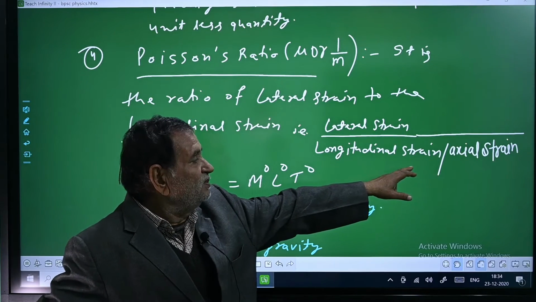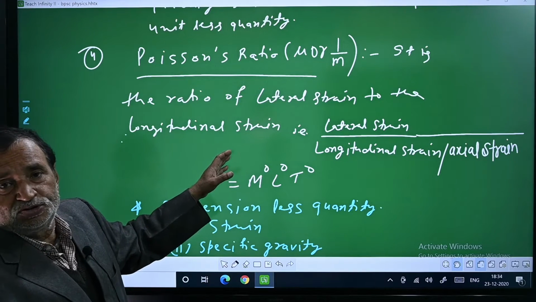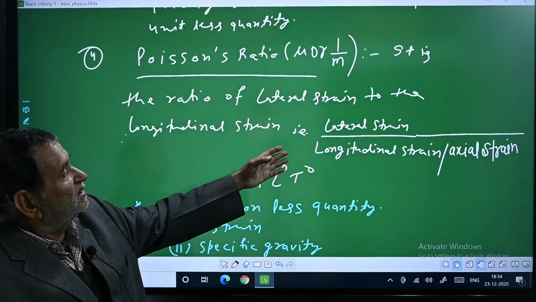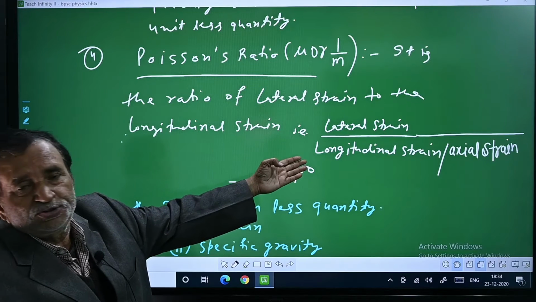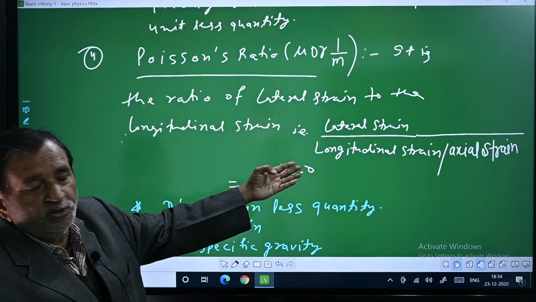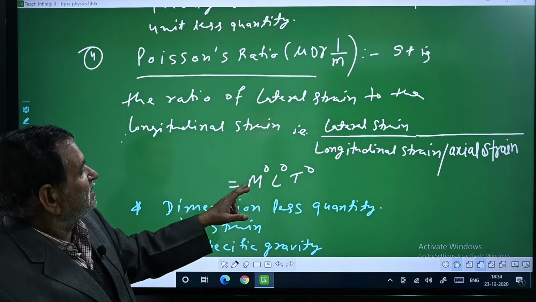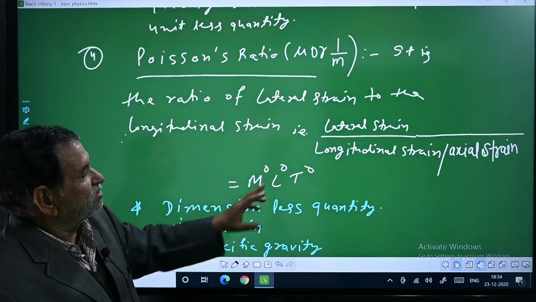Here also it is the ratio of two similar quantities, so it has no dimension, that is the dimensionless quantity, M0 L0 T0.